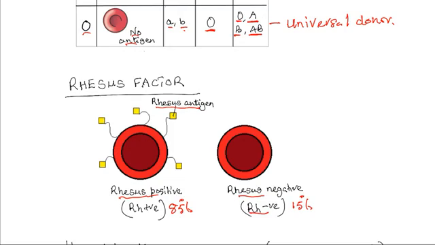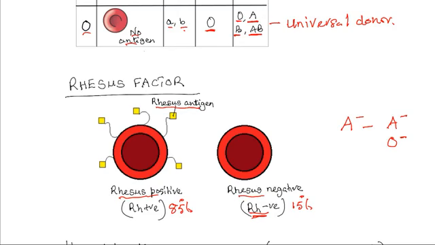So normally during transfusion, to prevent formation of anti-Rhesus antibodies, Rhesus negative persons are not transfused with Rhesus positive blood. For example, if one is blood group A negative, meaning that they have antigen A but they lack the Rhesus antigen, then they can only receive blood from A negative and O negative.